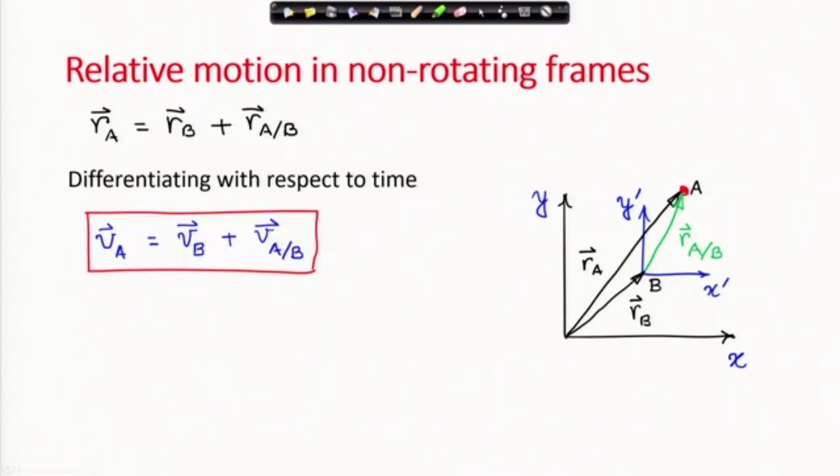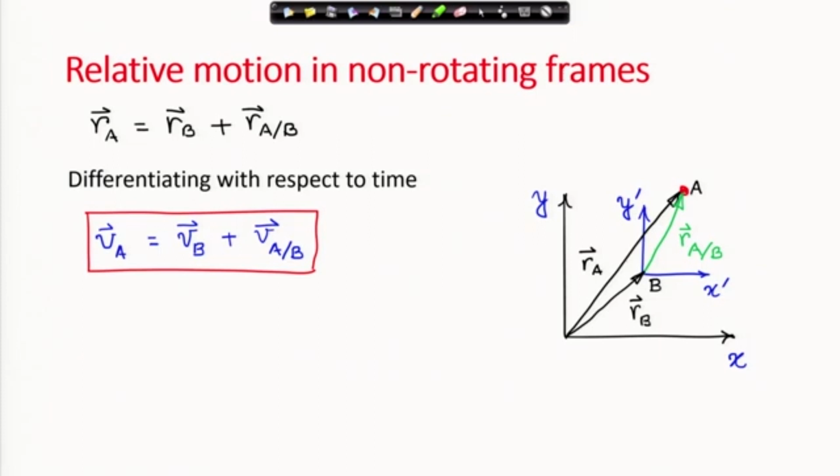Now, if you differentiate with respect to time, differentiating R_A gives you the velocity of point A. Similarly, differentiating R_B, the position vector of point B, gives you the velocity of point B, and differentiating the relative vector R_A/B gives you the velocity of A relative to B. Because the x prime y prime frame is non-rotating, you have only this relative velocity.